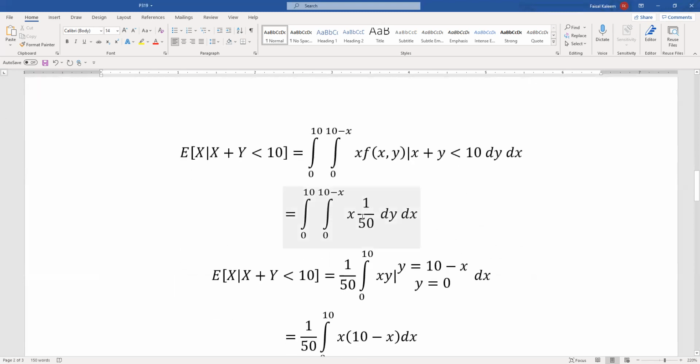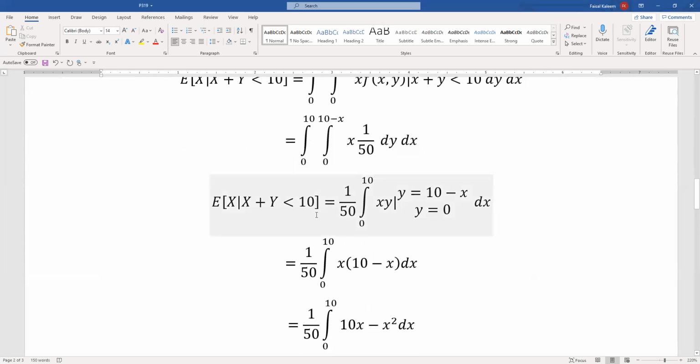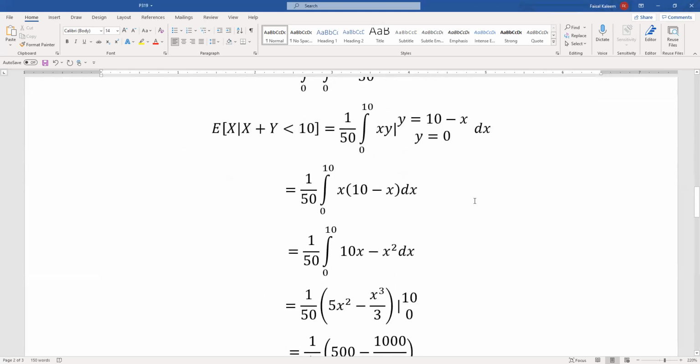Now it's x times 1 over 50, and 1 over 50 can be pulled out. The integral of dy, x being a constant, is just x times y. Y goes from 0 to 10 minus x, and you put in the limit, you get x times 10 minus x.